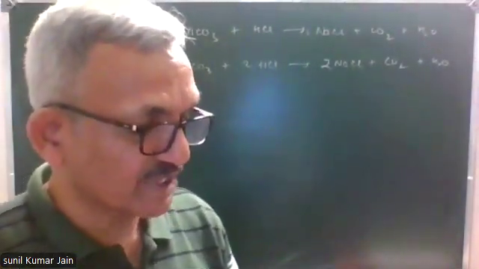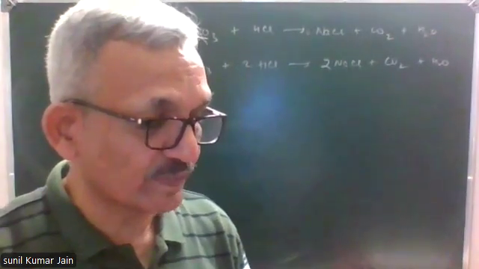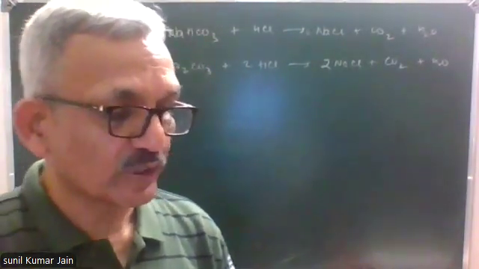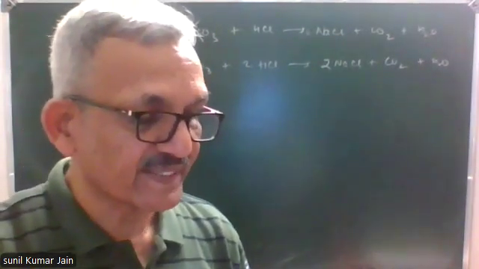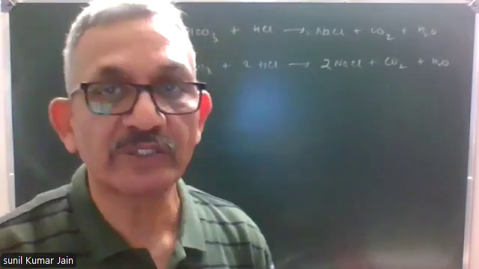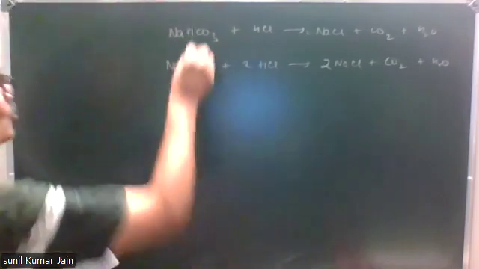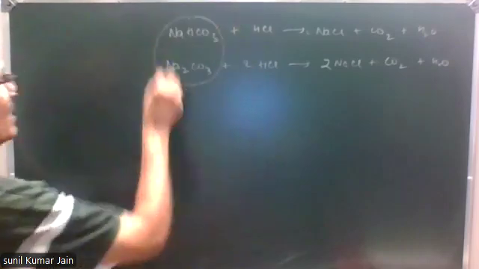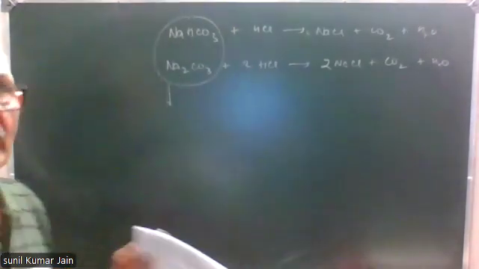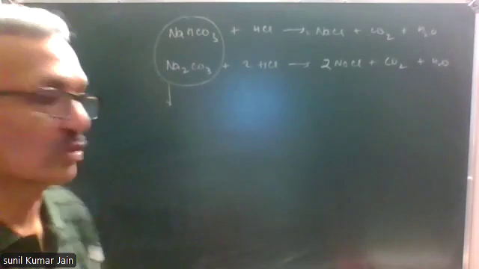Now, the numerical: a mixture of sodium bicarbonate and sodium carbonate contains a total of 10.8396 into 10 to the power 22 molecules. So the total molecules are given, and we convert into moles.